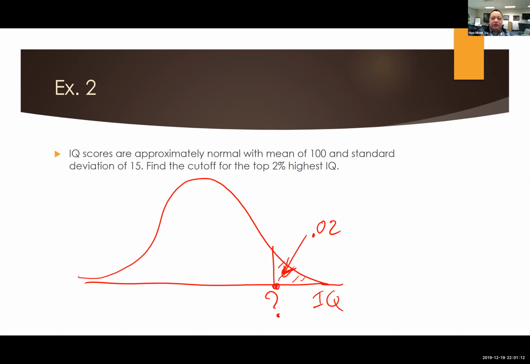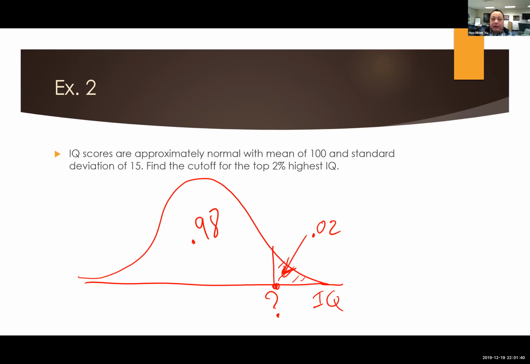Right, now I could go look things up in the table, but there's one more step to do, and that is the table gives the area to the left. The table gives the area to the left, so I need to figure out what the area is to the left. If it's 0.02 to the right, then it's 0.98 to the left. Okay, 98% plus 2% makes 100%. Right?